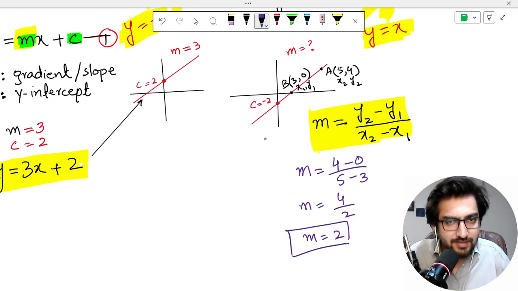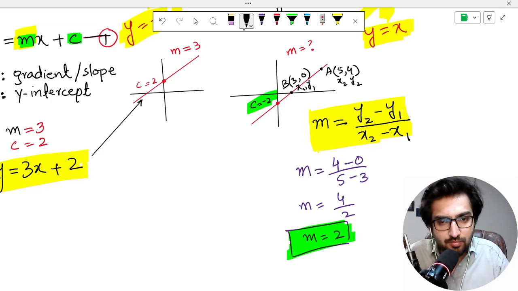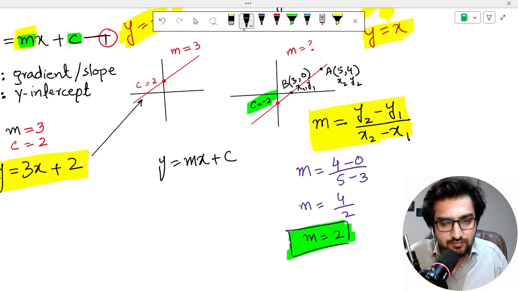So we got the gradient and we have c. So let's use equation number 1. Let's put the values of m and c.